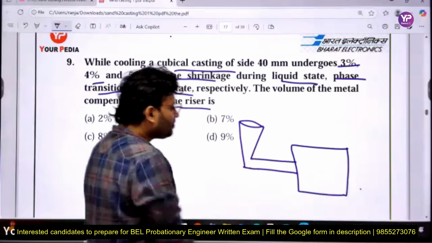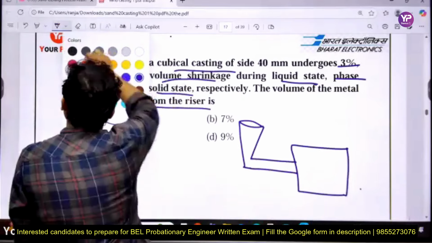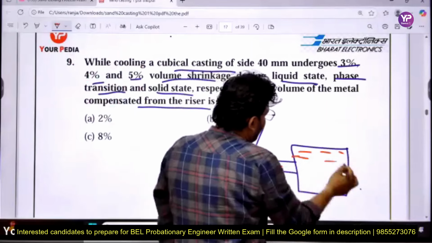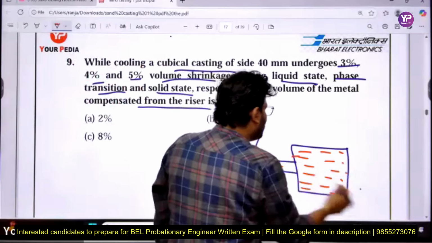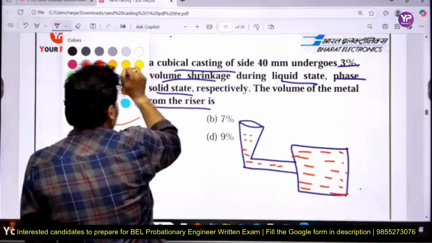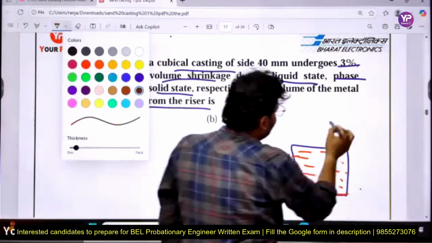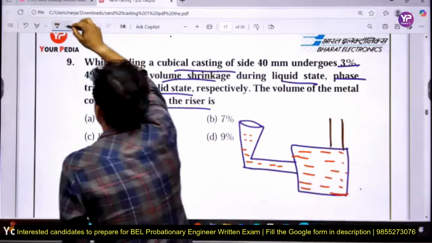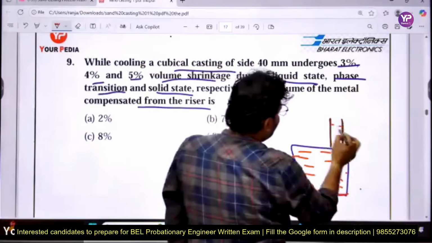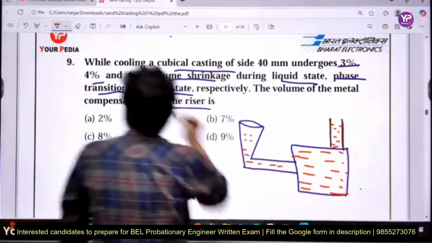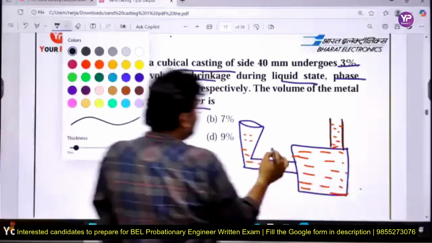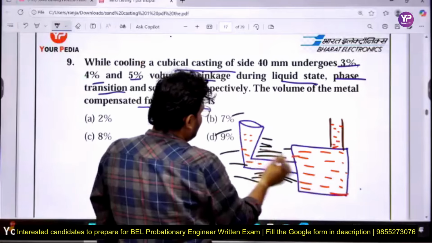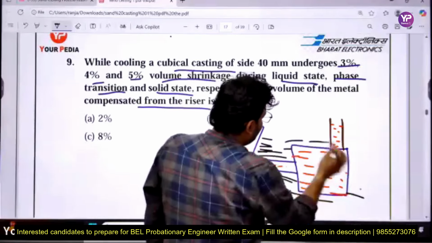Like that, you are going to pour the molten metal inside. And this is your riser. The molten metal goes into the riser also, and obviously all of this is inside the sand.